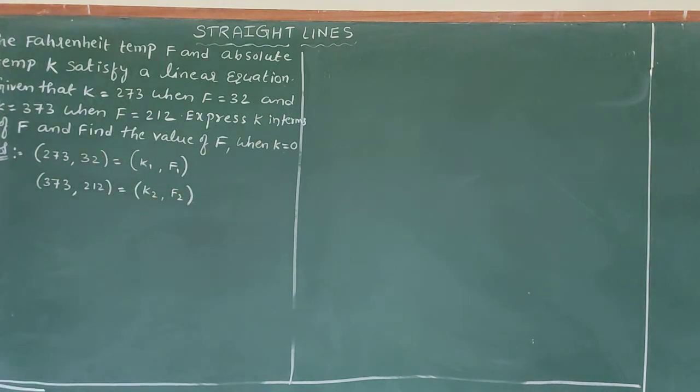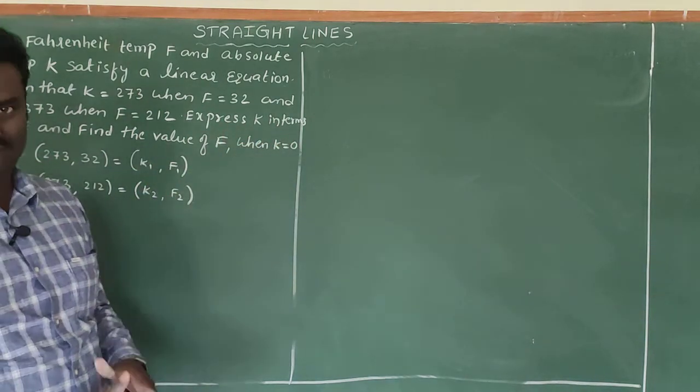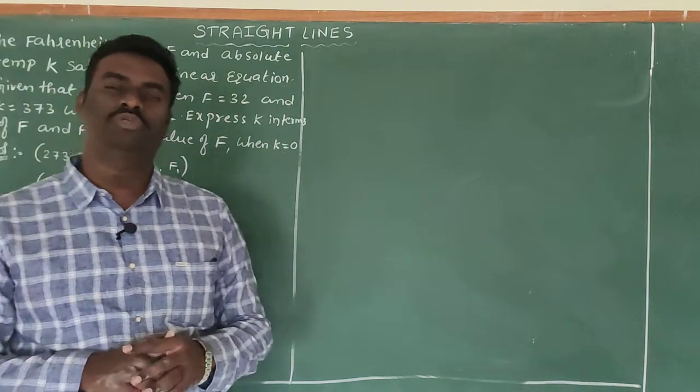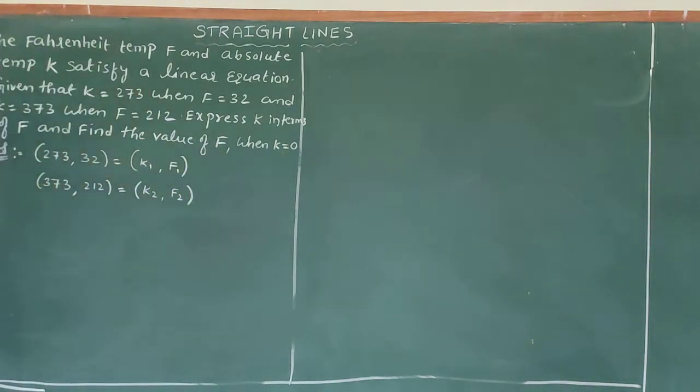Understood what I did? First, you need to convert the given data into point form, coordinates x1 y1, x2 y2. Similarly, K1 F1, K2 F2. So finally, you have 2 points. Therefore, for the equation of the line, that is a linear equation, what is the two-point form formula?